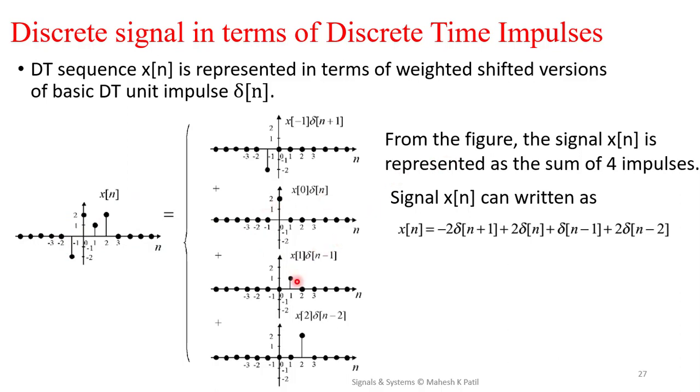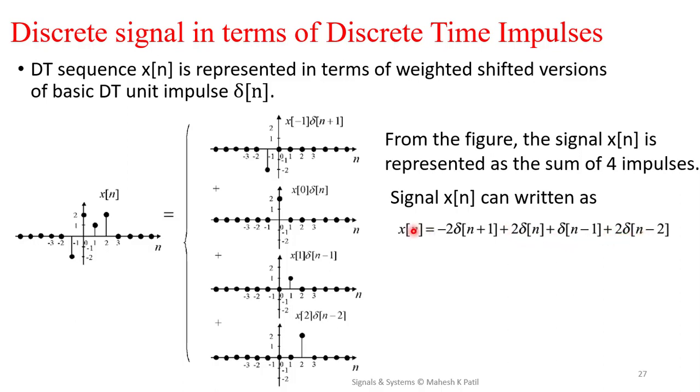So from this we can say that the signal x of n is represented as the sum of four impulses. So the signal x of n can be written as x of n equal to minus 2 into delta of n plus 1, plus 2 into delta n, plus delta n minus 1, plus 2 into delta n minus 2.